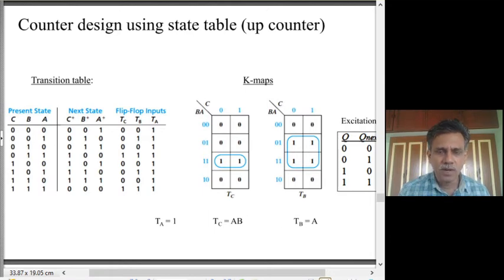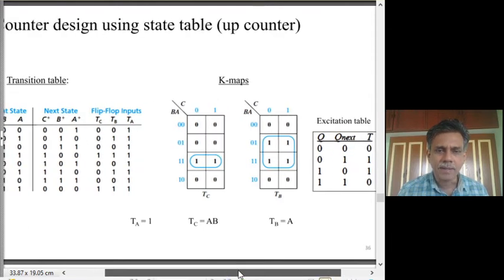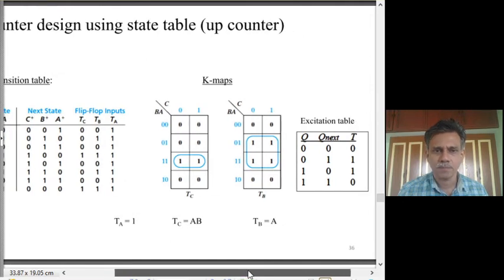So we will now look at a familiar example which we have already discussed, namely designing of an up counter which is synchronous in nature using a toggle flip-flop. So we have a 3-bit up counter to be designed using 3 T flip-flops, and how do we go about doing it?